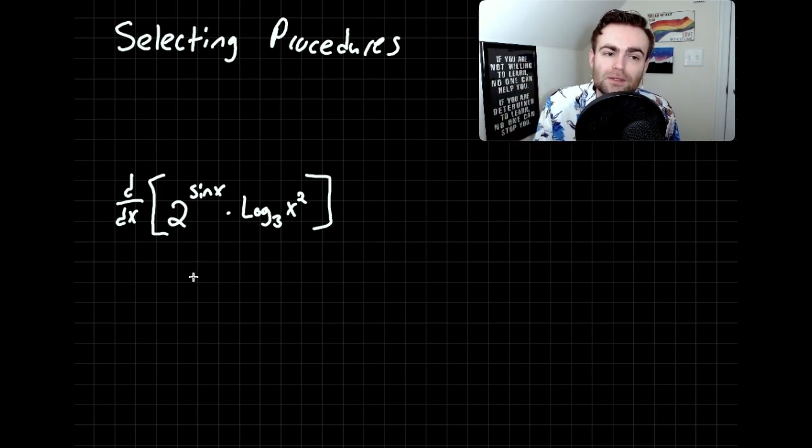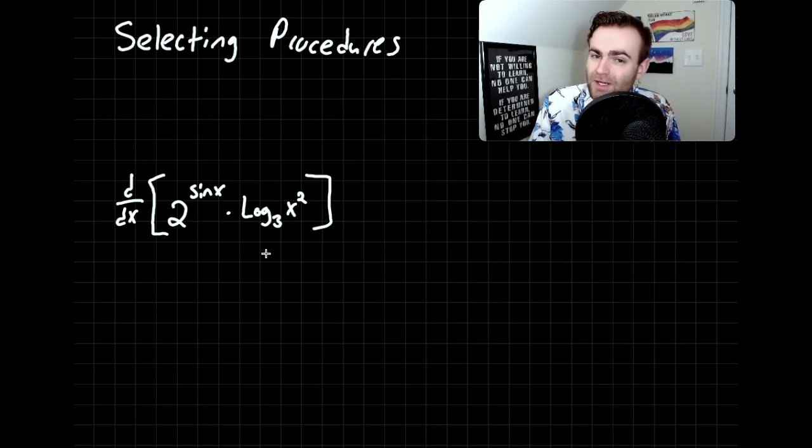So I have prepared an example for us here, and in this example we have quite a complicated function. We have 2 to the power of sine x times log base 3 of x squared. I threw in some niche exponential ones just so we have a little bit more practice with them.